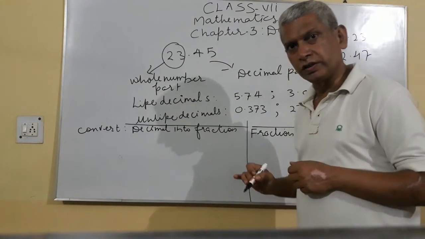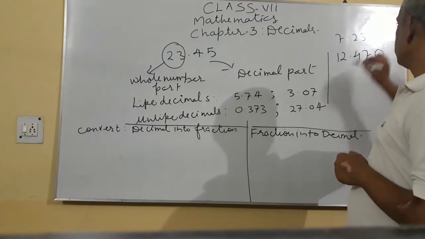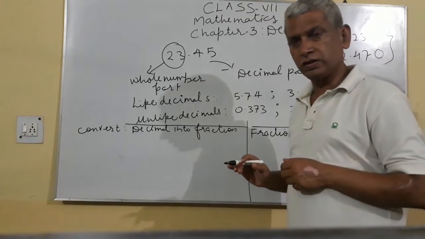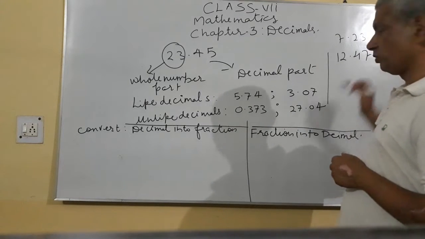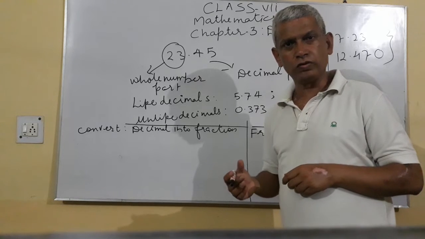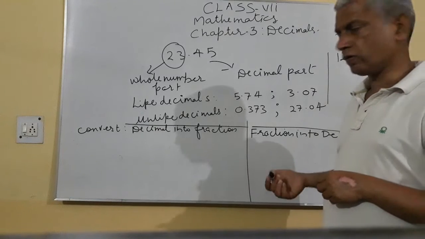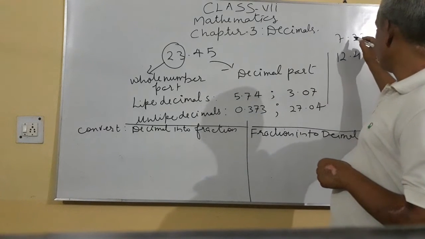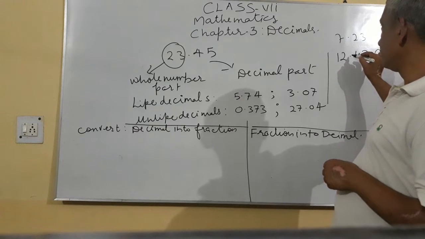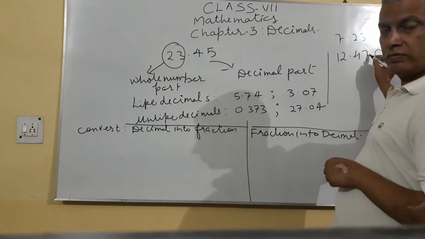What I am trying to say is that you can add a zero to convert it into like decimals. You can see 7.235 has 3 decimal places, while 12.470 also has 3, by adding 0 into it. You can add any number of zeros, 1 zero, 2 zeros or 3 zeros. You can't add a 0 at the beginning. No, the zero is added at the end of the decimal number.